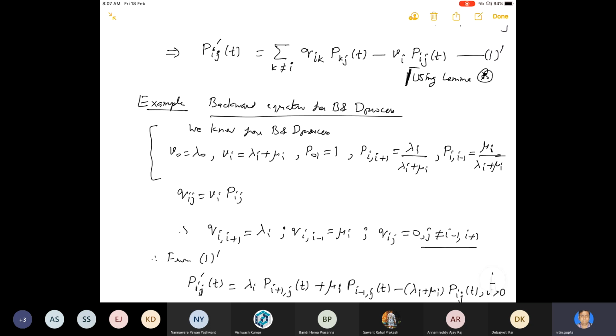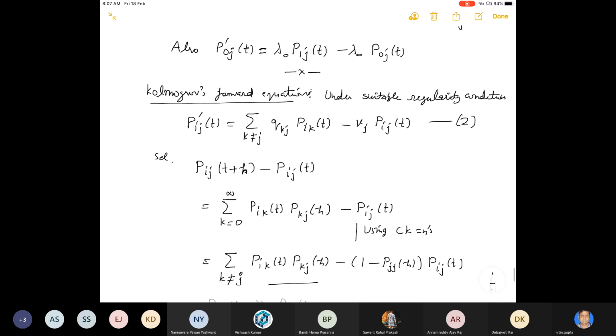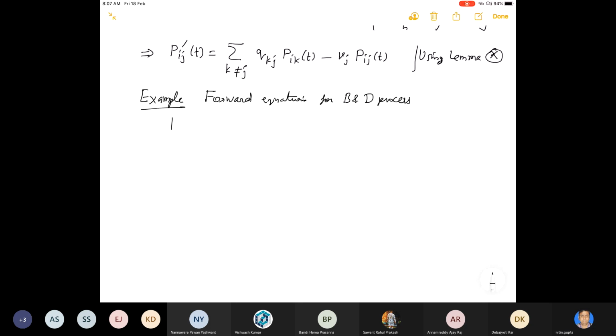These are the various parameters, so the same parameters we will write, as you can see in double star. Here q i,i plus 1 is lambda i, q i,i minus 1 is mu i, other values are 0, and v0 is lambda 0, vi is lambda i plus mu i, other values are 0.